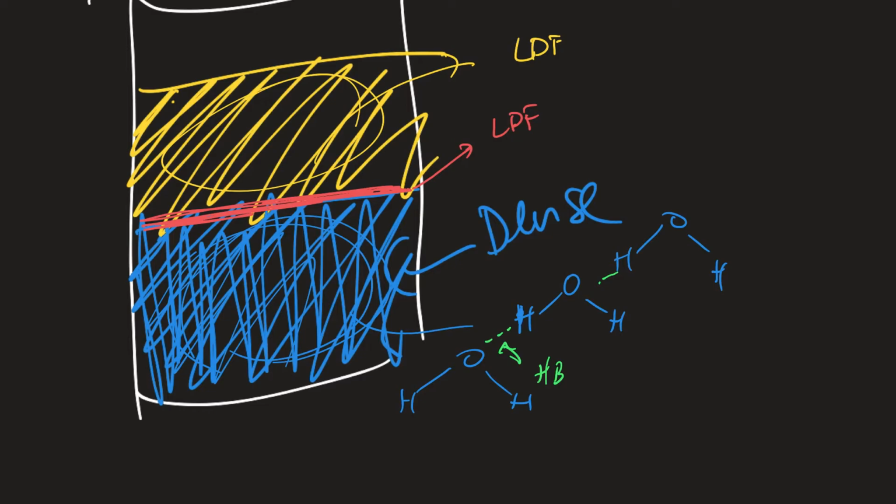Typically, for substances of the same size, London dispersion forces are much weaker than hydrogen bonding. And so, due to its strong attraction for itself, water tends to click itself to the side and push the oil out of the way. And this is the reason why we see what we see.